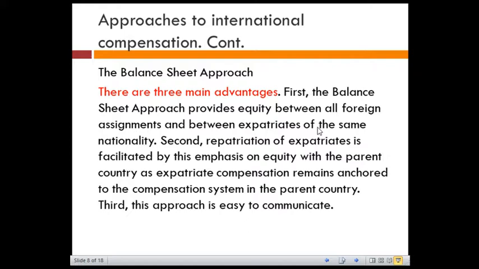Second, the repatriation of expatriates is facilitated by the emphasis on equity with the parent country, as expats' compensation remains anchored in the compensation system in the parent country. And lastly, third, it's easy to communicate. With this approach, communication is simplified, and there are no problems there.